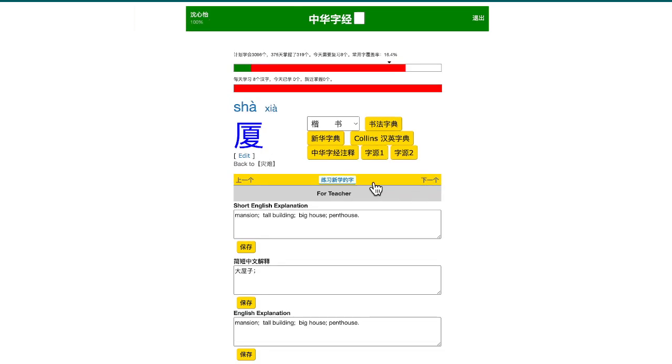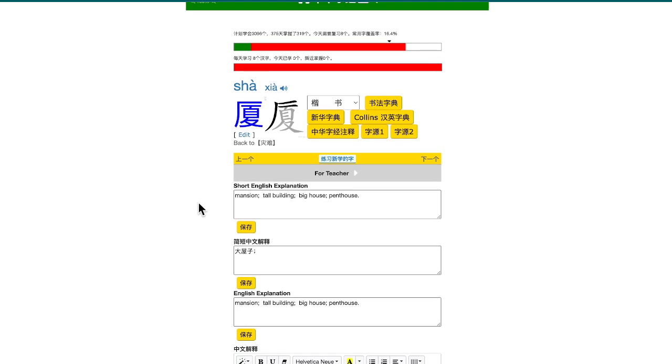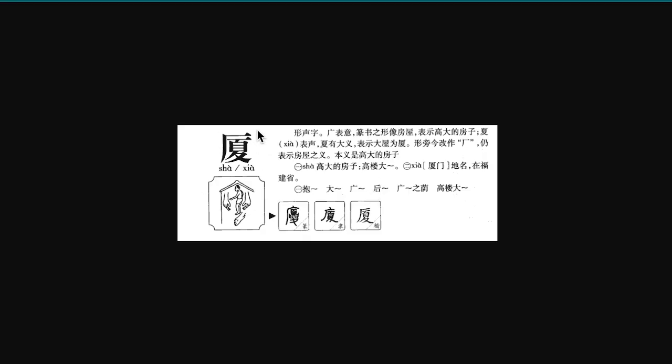Now next one is sha. Sha means big buildings, mansions, tall big buildings, or penthouse in Western terms. If you look at the character, it has the building radical on the top and the character sha in the middle.